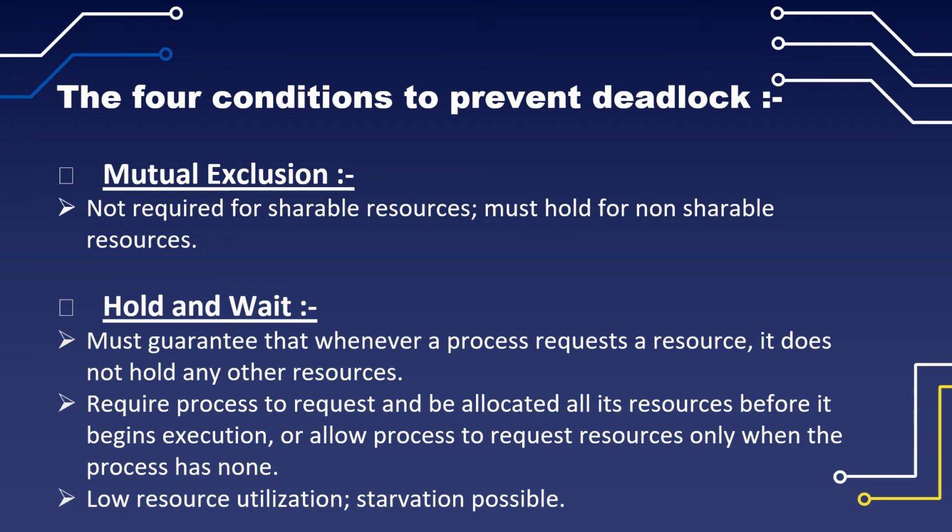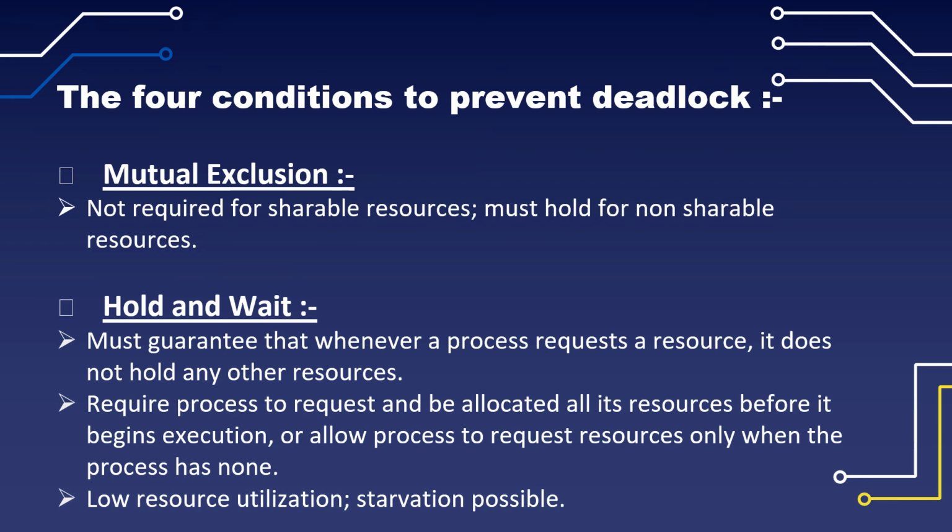Require a process to request and be allocated all its resources before it begins execution. That means before execution begins, it checks if the process has been allocated all the resources needed to execute. If not allocated, allow the process to request resources only when the process has none.